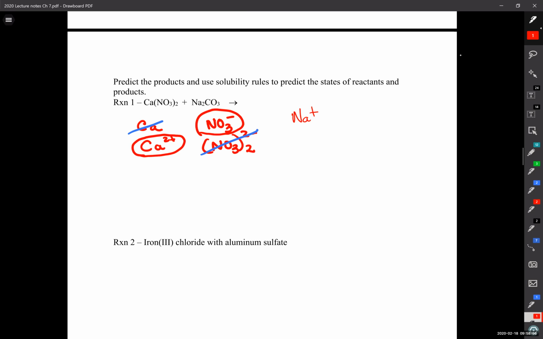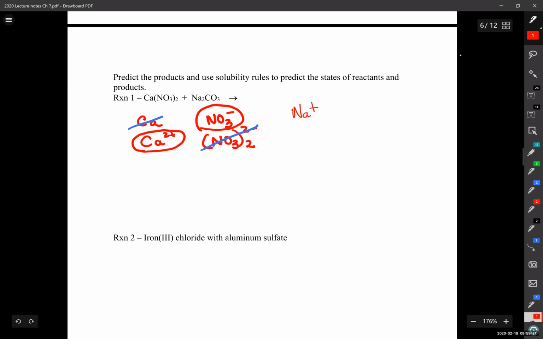No subscript 2, no 2 plus, right? Just what you know to be the formula for carbonate: CO3, charge 2 minus, okay? If you don't remember, if you know sodium's +1, then you know carbonate's got to be a -2, right? You can figure it out from the formula. So Na plus, and then CO3 2 minus.